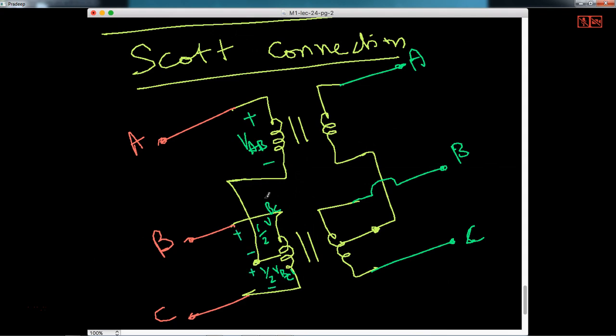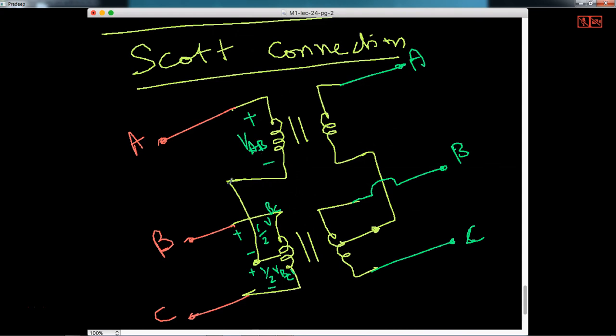Now, if I am interested in knowing the voltage between this point and this point, because of what is happening now, this point is connected here. So the entire VAB is not from here to here.